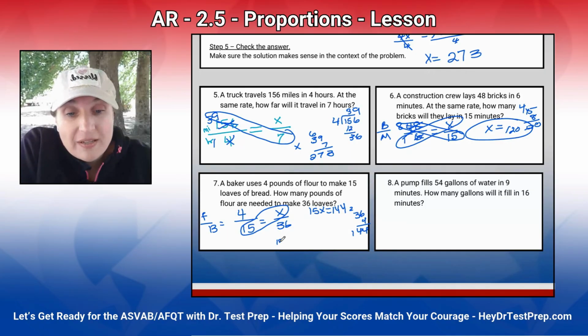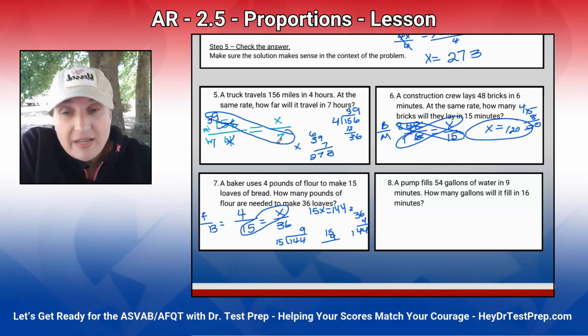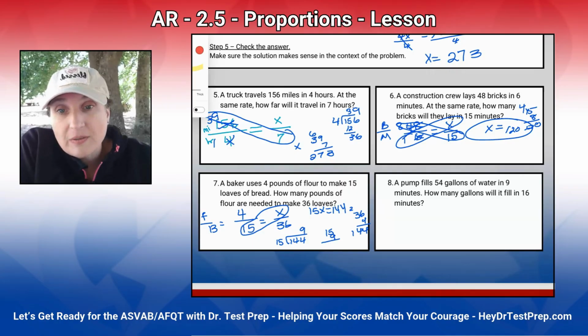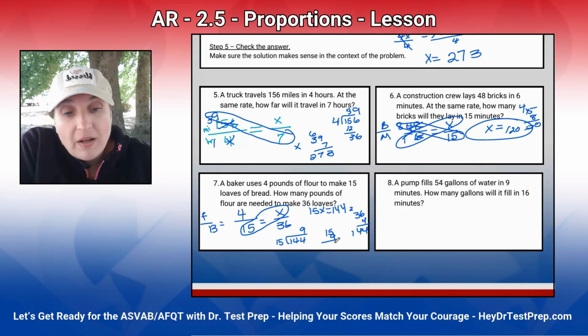So I would say 15 goes into 144 9 times. So if we do 15 times 9, let me switch colors so you can read it better. 5 carry the 4, 135. Then we have to subtract.